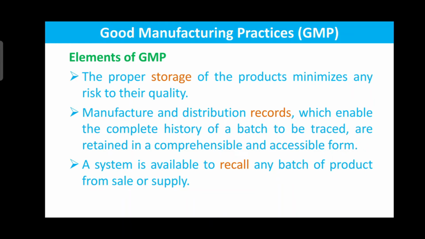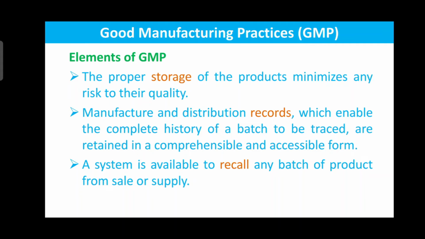So basically the elements or principles of GMP start with the weighing part, the premises part, and go through the manufacturing process, how it is to be carried out regarding the personnel and everything. And then finally the finished products, how they are to be stored and recorded.